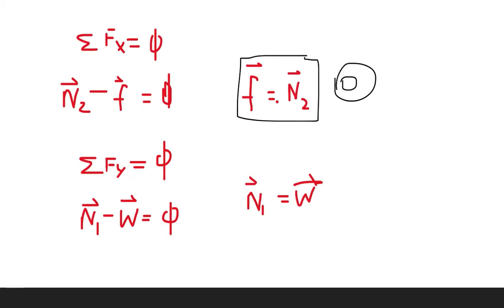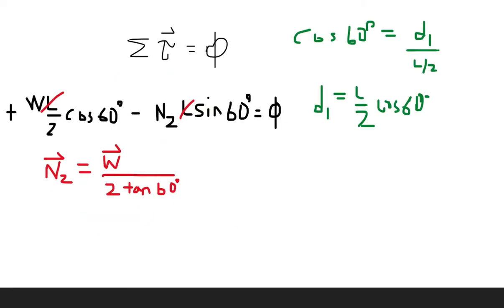So let's review. We have equation 0, which is our friction force is equal to our normal 2. We're going to call this one equation 1, where our normal 1 is equal to the weight. And now we solve for our torque equation, where normal 2 is going to be equal to the weight divided by 2 tan 60.